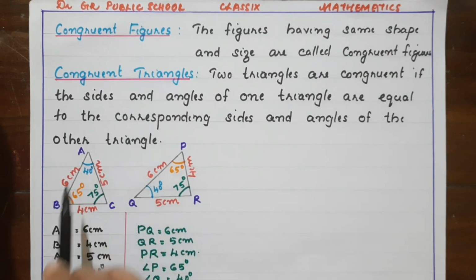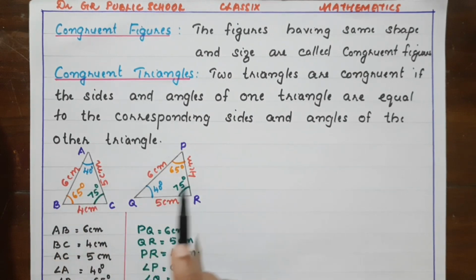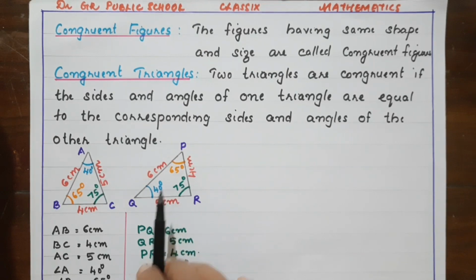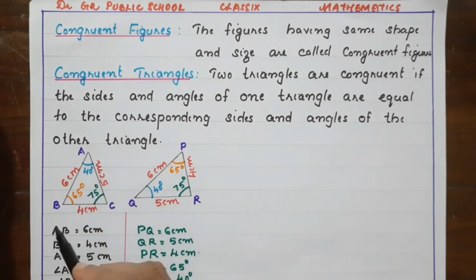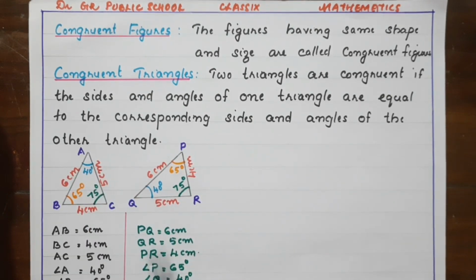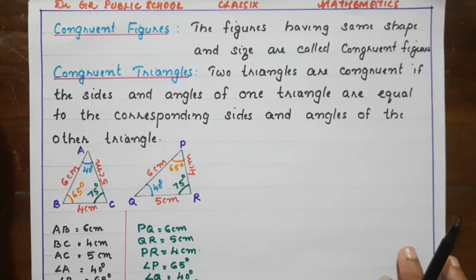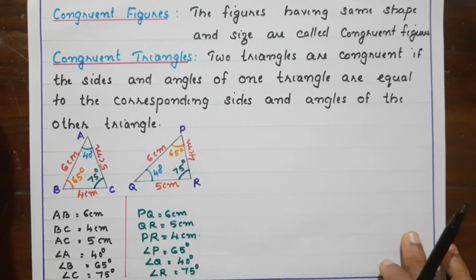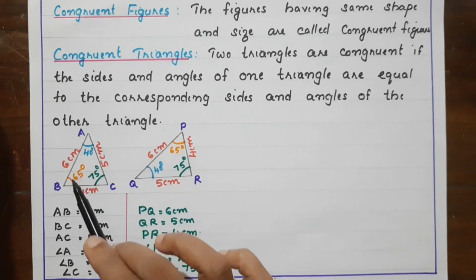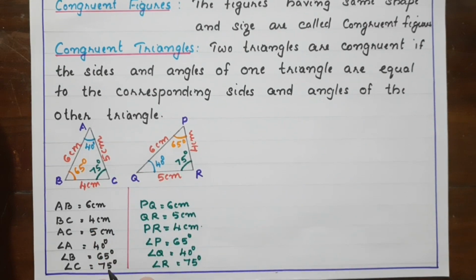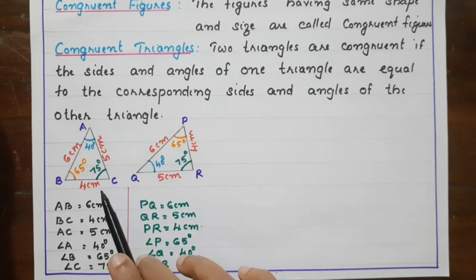Here I have written some measures, three sides of this triangle ABC and three angles. And here also I have written three sides and angles. First consider triangle ABC. What are the measures? AB equal to 6 cm, BC 4 cm, then AC 5 cm, angle A equal to 40 degree, and angle B equal to 65 degree, and angle C is equal to 75 degree.